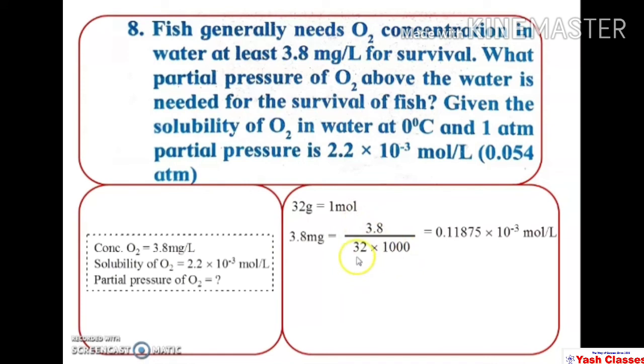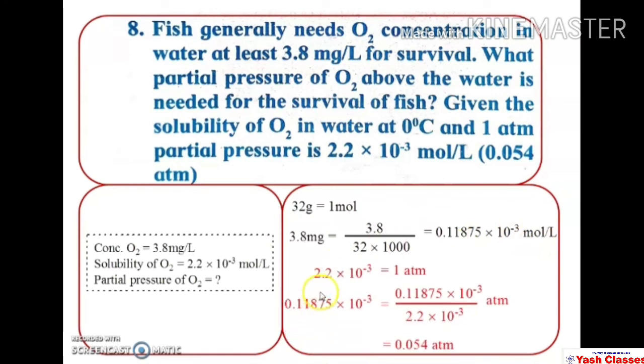So 3.8 upon 32 into 1000. Why 1000? To convert gram into milligram. So when we solve this, it comes 0.11875 into 10 raised to minus 3 moles per liter. So these many moles of oxygen dissolved in water is required for the survival of fish. Just we converted 3.8 milligram into moles per liter.